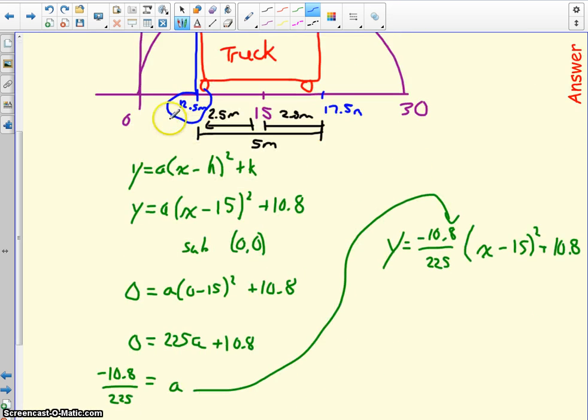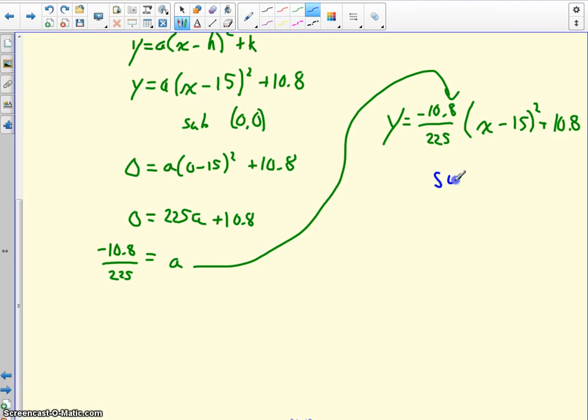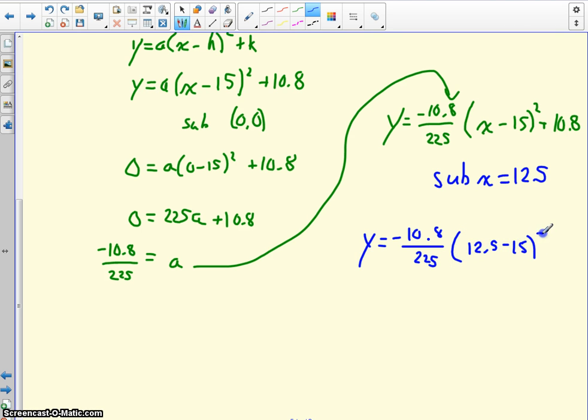Okay, so let's try that. Let's put in 12.5 for x and see what happens. Okay, really ugly a value here, but again, not too worried about it. It's not going to affect too much. So I get 12.5 minus 15 all squared plus 10.8.